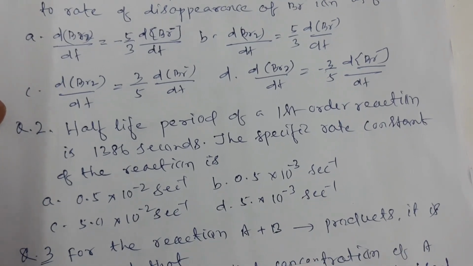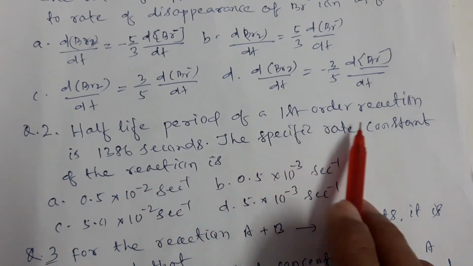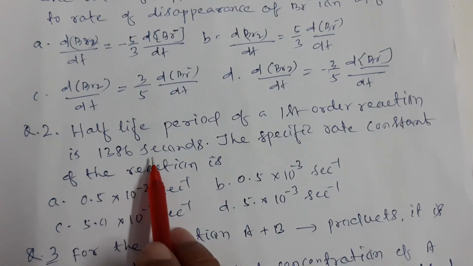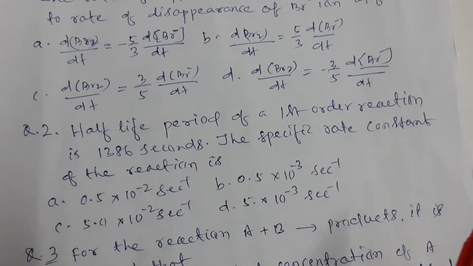Half-life period, question number 2. The half-life period of a first order reaction is 1386 seconds. The specific rate constant of the reaction is what?